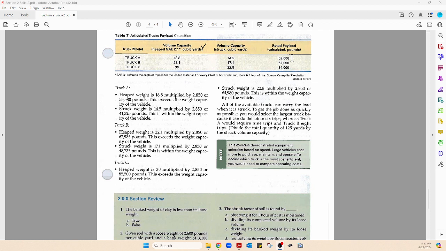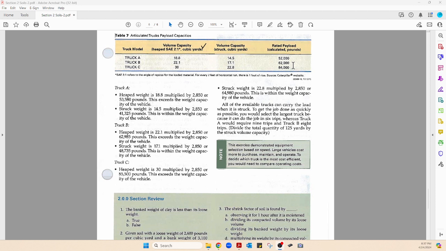So that truck is going to take 7 trips to get that dirt there. Now, look at B. It's 62,000. Now take that 356,250 pounds divided by 62,000, because that's all it can carry at once. And you get 6 trips.